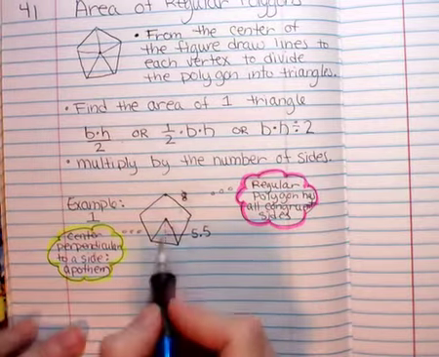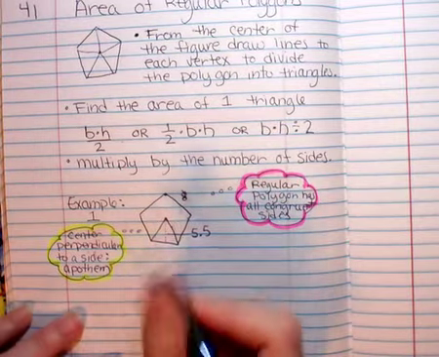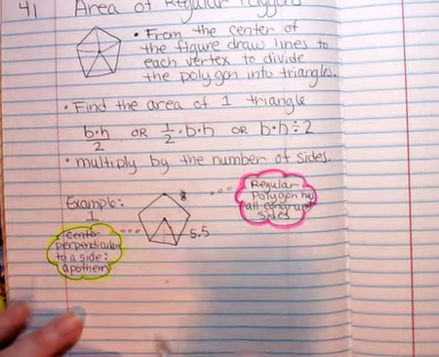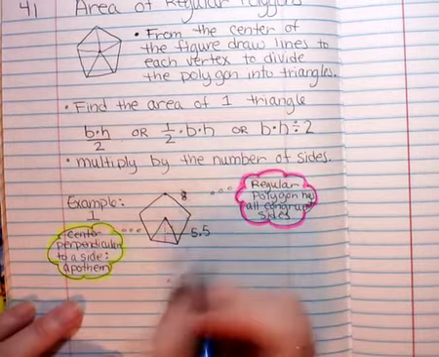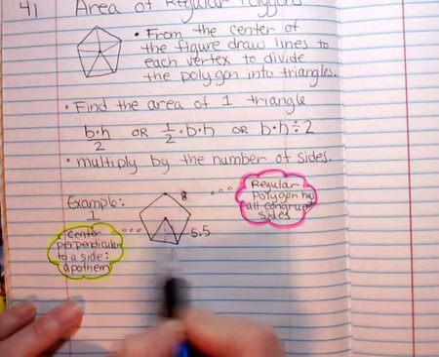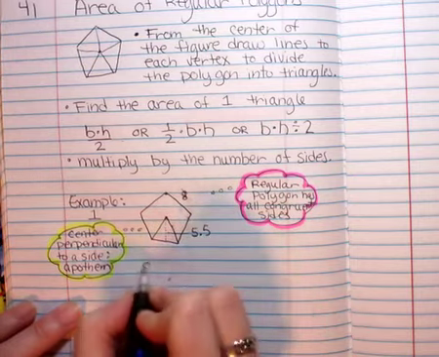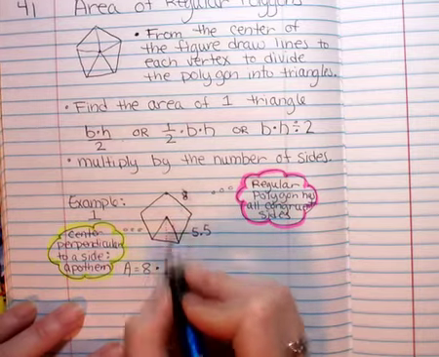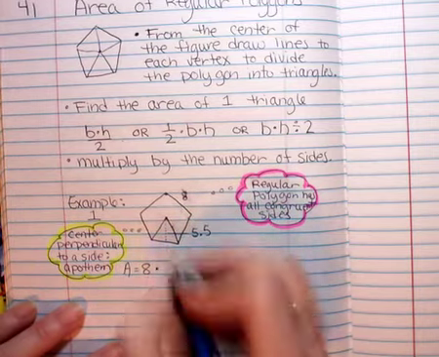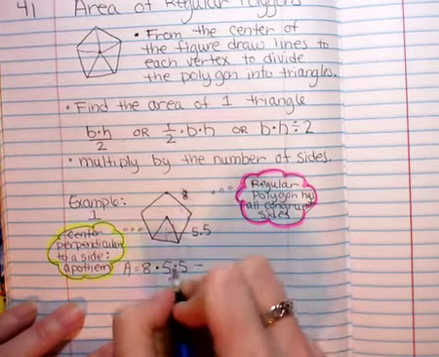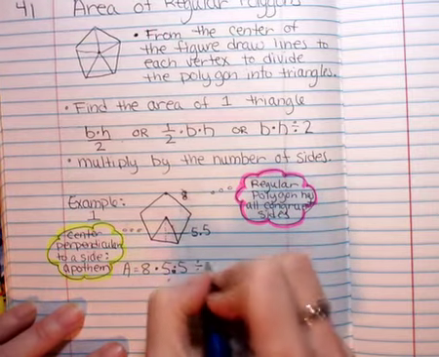So to find the area of this one triangle, I'm going to choose our third representation of area. Since all sides are congruent, I know that the base of this one triangle is also 8. So the area equals 8 times the height, which is given to us as 0.5, divided by 2.